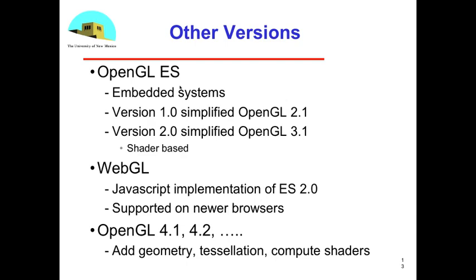That was then replaced, or another system came along, OpenGL ES version 2.0, which was a simplified version of OpenGL 3.1, and that was the first version that said you have to have shaders. So that's really the core for WebGL, because WebGL is a JavaScript implementation of OpenGL ES 2.0. So it says if it's in, at least in principle, if it's in ES 2.0, it's in WebGL. It's totally shader based.